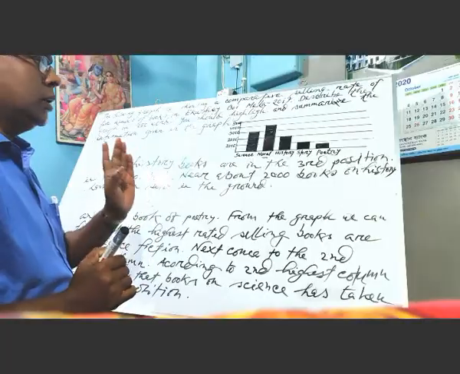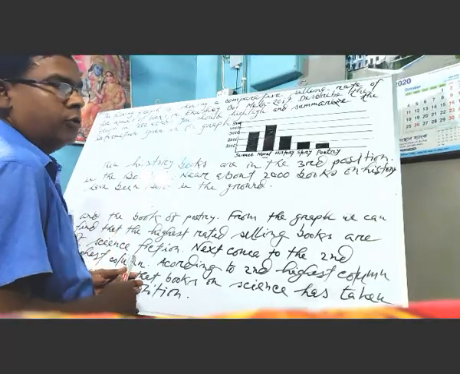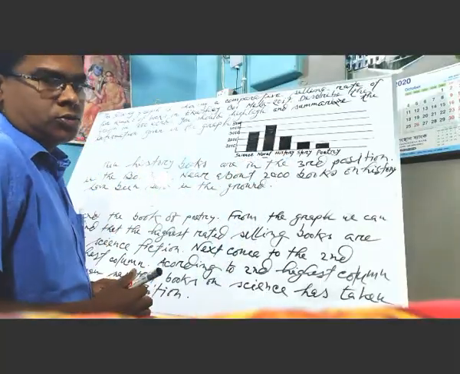Okay, student? And also, now we will go to the next column. What is the next column or fourth highest column? That is about a storybook.